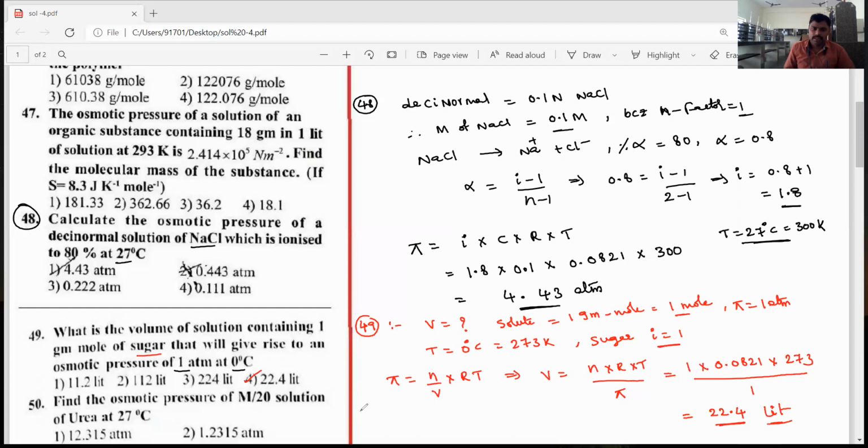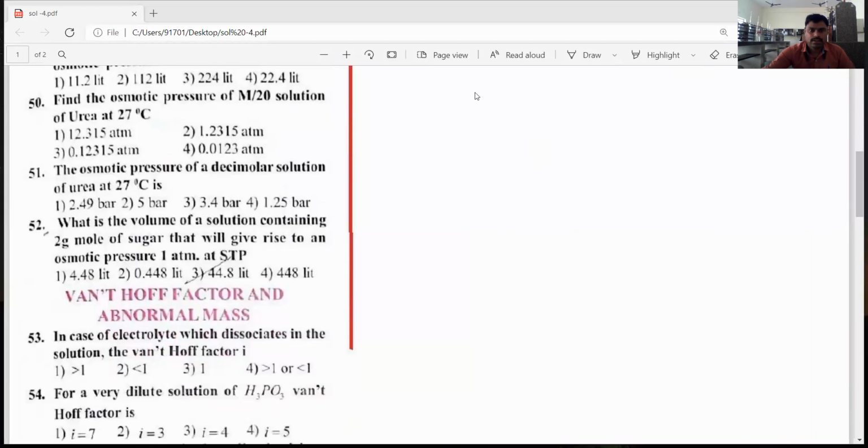Okay, dear students, let's see the 50th question. What is the given 50th question? We have to find the osmotic pressure; the concentration and temperature are given.